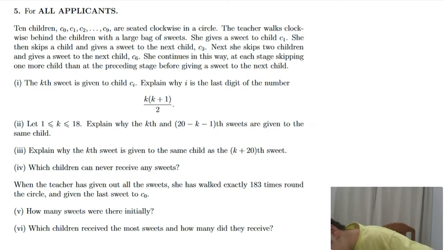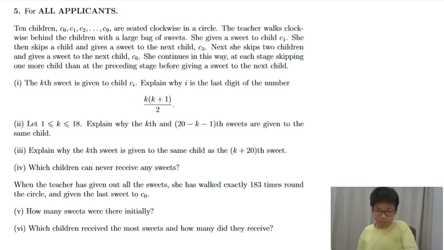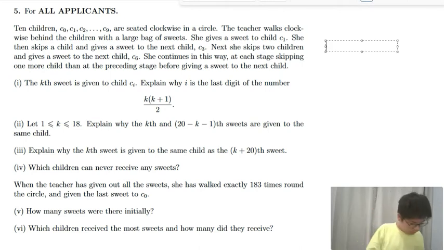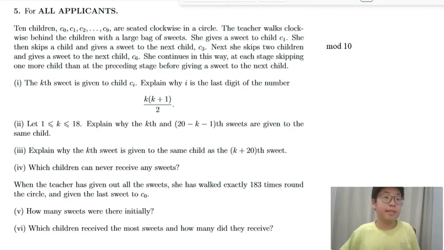Because we're now doing clock arithmetic, we are using modulo 10. Yes, mod 10. Great. So basically, what we're going to do is try to find the triangular numbers modulo 10.